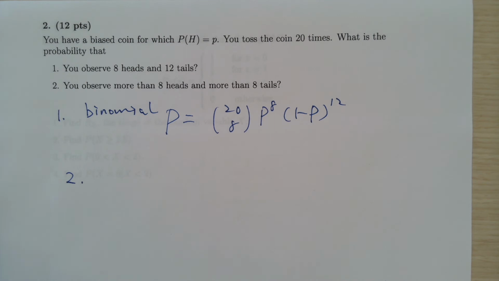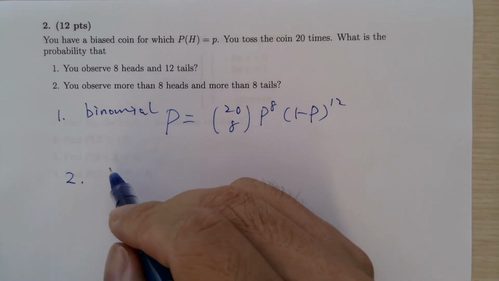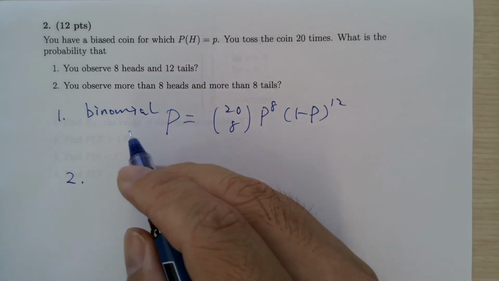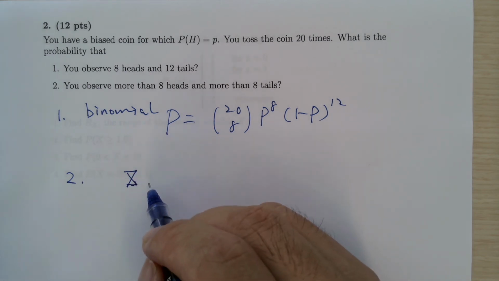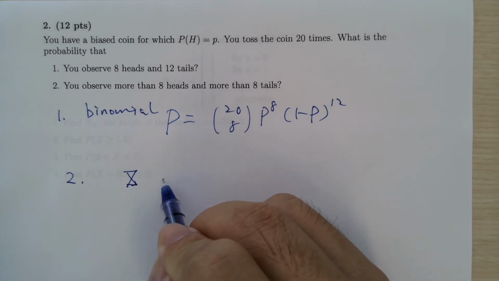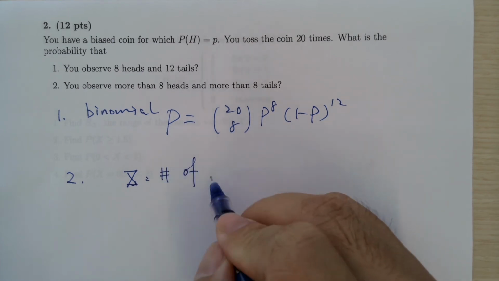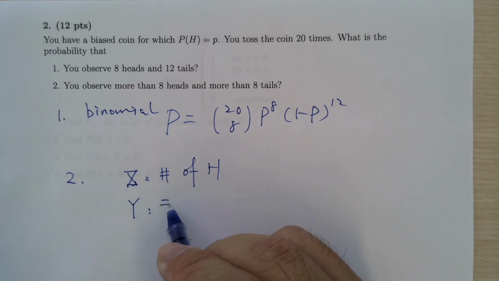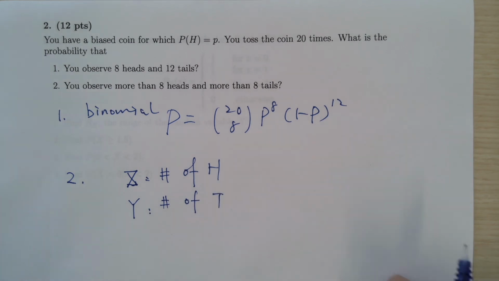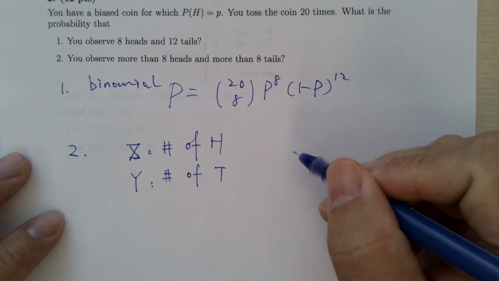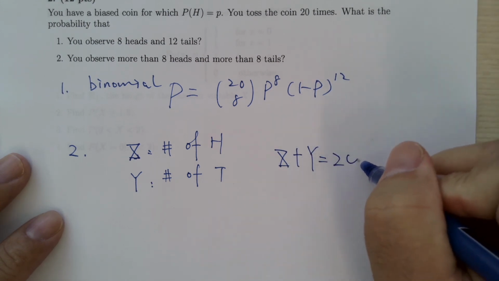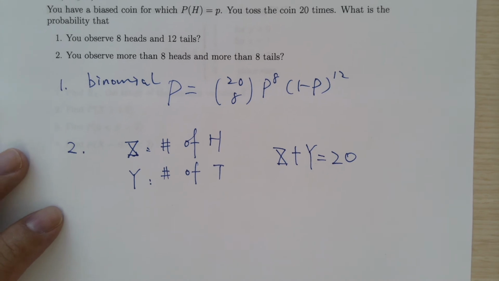So if we assume that X is the random variable standing for the number of heads, and then we let Y be the number of tails, one relationship between X and Y is that the sum of them is going to be 20, right?